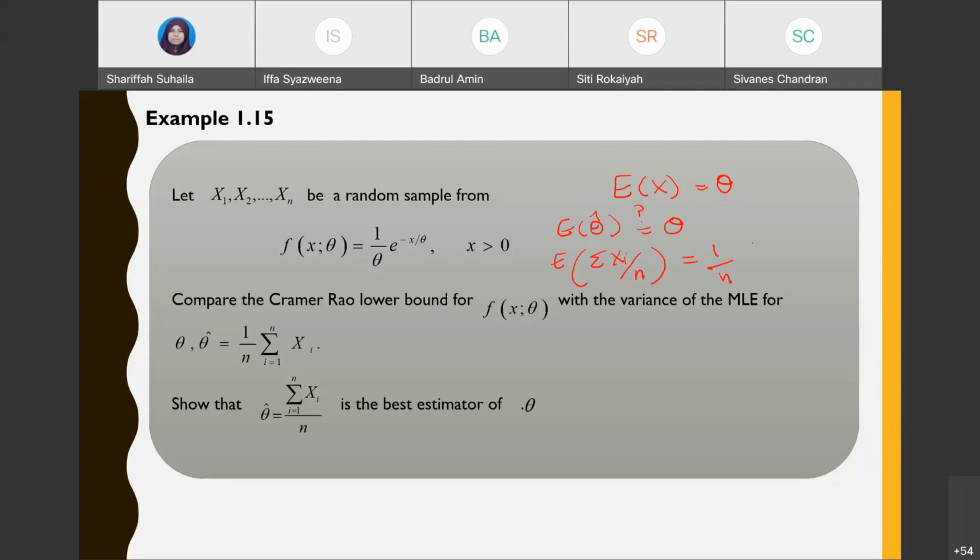So again, you will have 1 over n E summation xi, x1, x2, xn. Okay. So again, kita dah ada expected value of x is equals to theta. So that means if you get EX1 is also theta, EX2 pun theta, sampailah kita ada EXn. Okay, cuma tunjukkan dia punya jalan kerja lah. So you will have 1 over n, here theta, theta, sampailah kita ada n theta. So all together you will have n theta. So you cancel out. This one will give you theta.